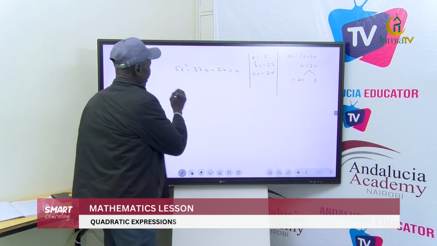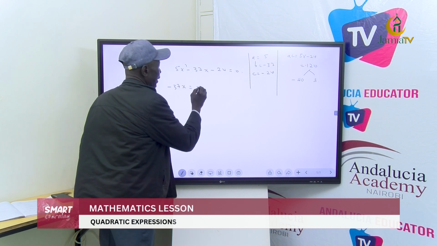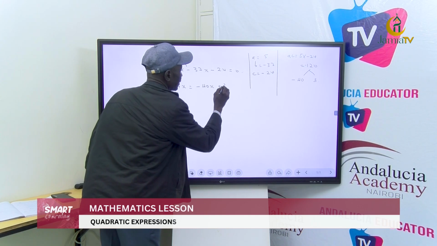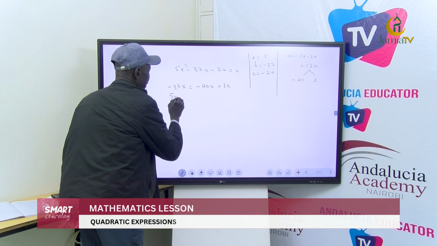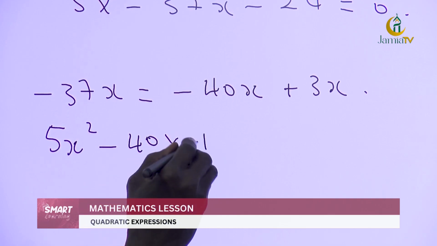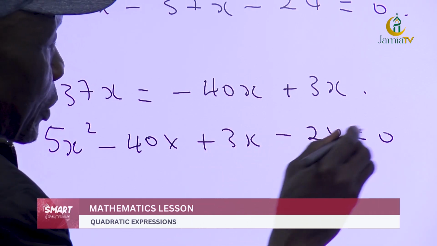So our negative 37x can be written as negative 40x plus 3x. So our 5x squared minus 40x plus 3x minus 24 equals 0.